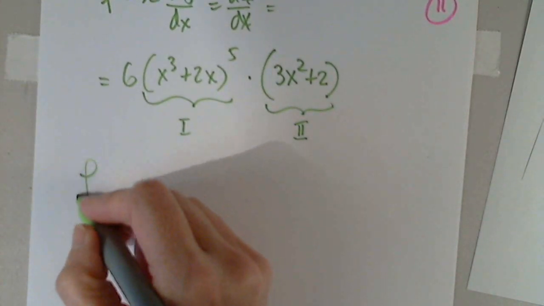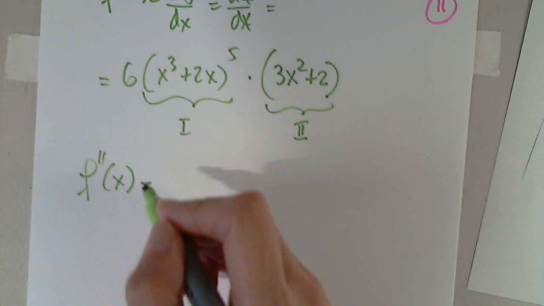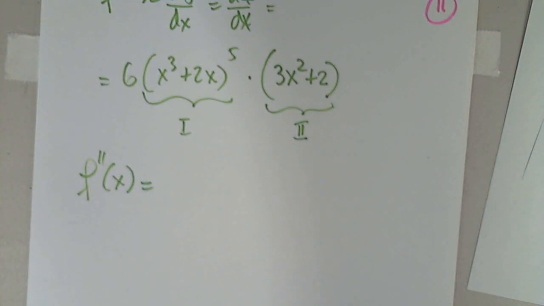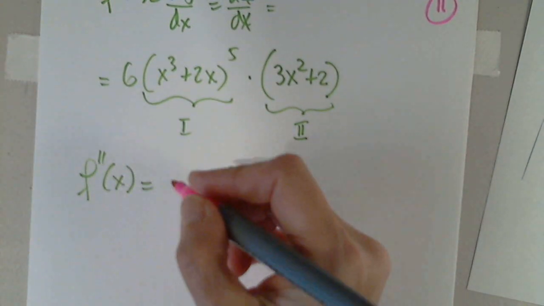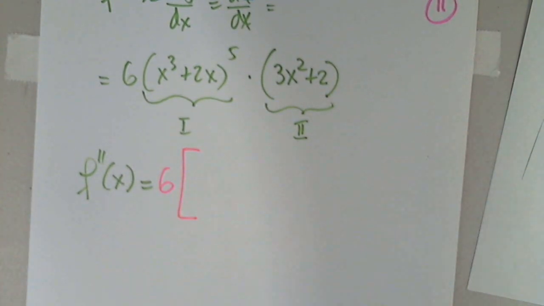So when I differentiate again to find the second derivative of this function, I have to use the chain rule, but also the product rule. And of course, 6 will be patiently waiting. I'm not going to involve 6 anywhere; it has to wait till the end.